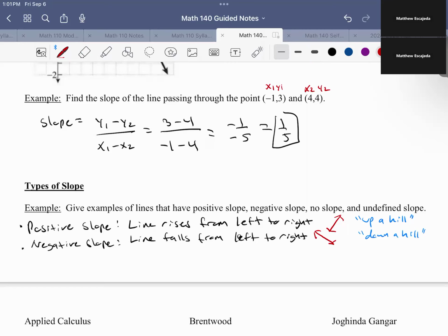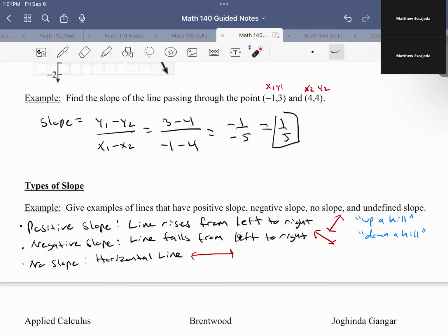Okay, so next one is no slope. This is when we have a horizontal line. It looks something like this. There's no slope. You're not going up, you're not going down, you're just a constant straight line.